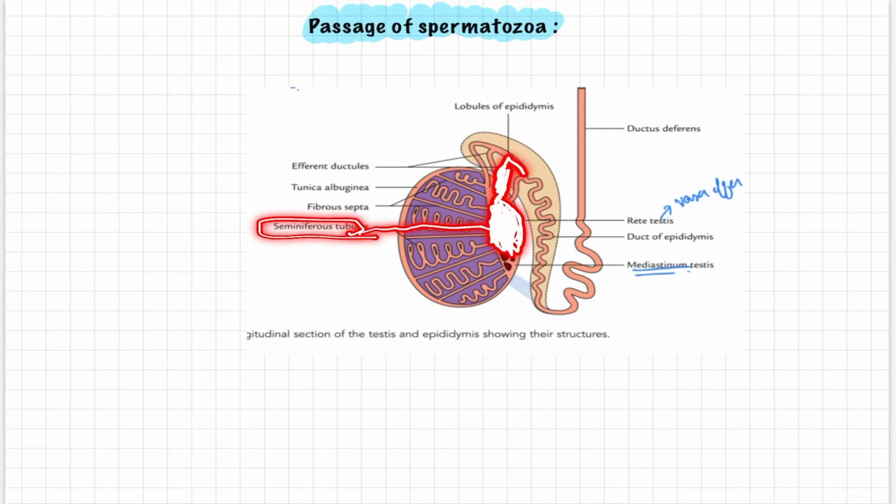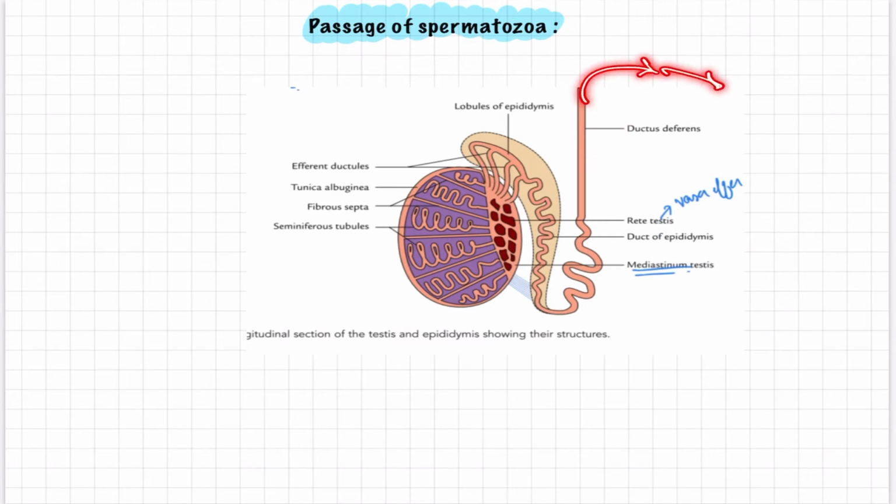From here they go into the epididymis, and from the epididymis into the ductus deferens. From the ductus deferens they go into the ejaculatory duct, and from there into the urethra, and at last come out from the urethral meatus, the external opening of the urethra. So this is the passage of spermatozoa.